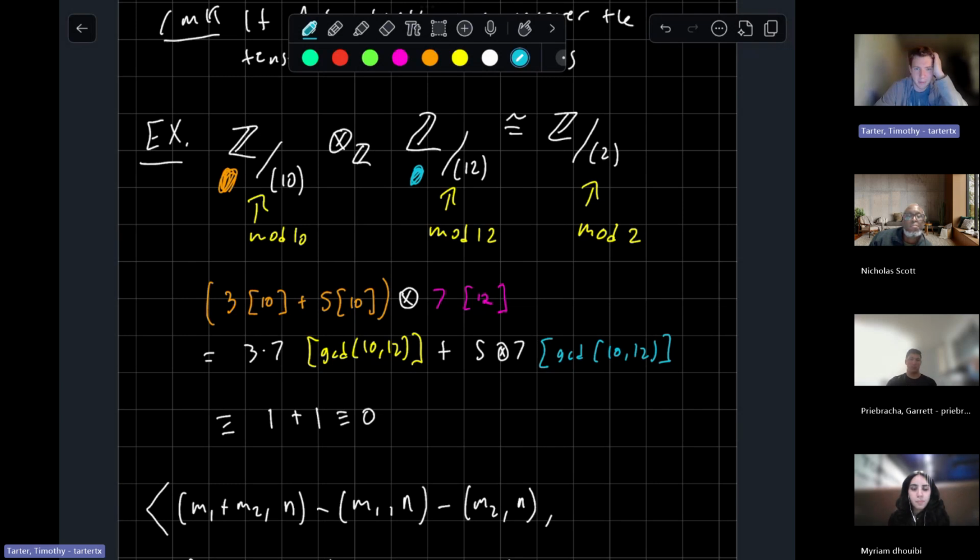Oh, but then you get infinite modules. Oh, that's why you have to have the other thing.